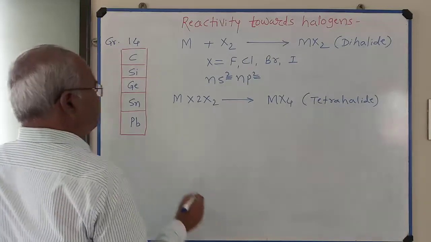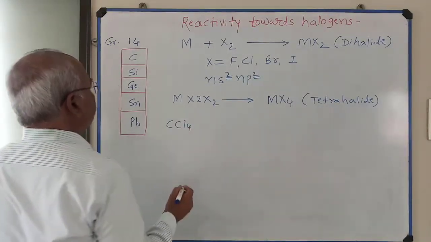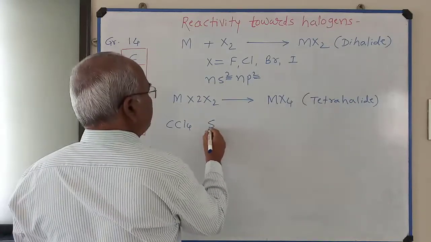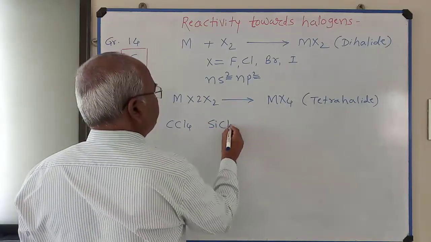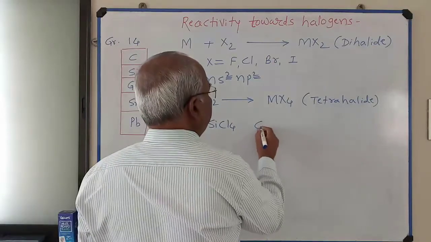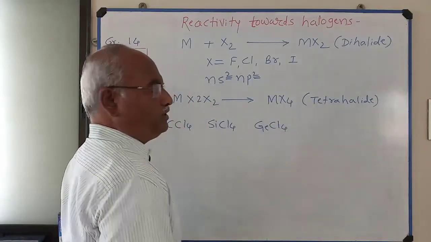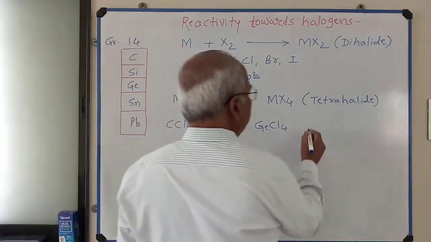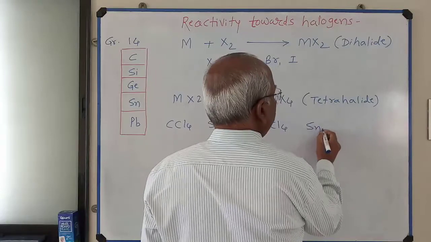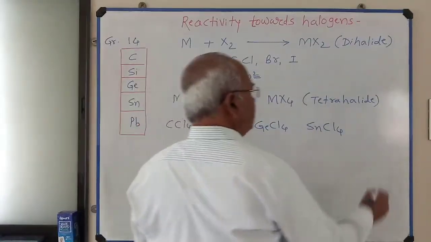Carbon forms carbon tetrachloride. Silicon forms silicon tetrachloride. Germanium forms germanium tetrachloride. Tin forms tin tetrachloride.